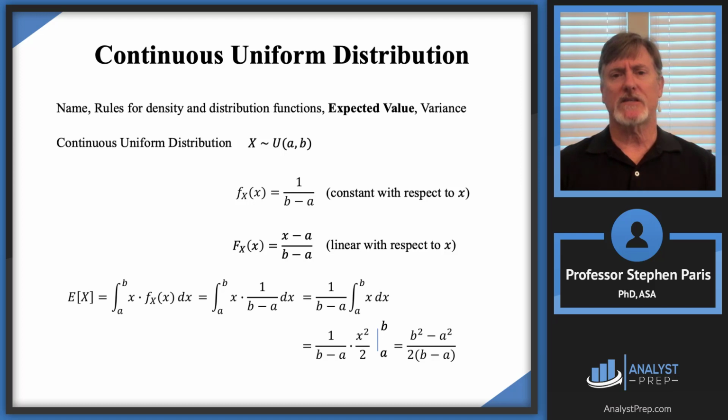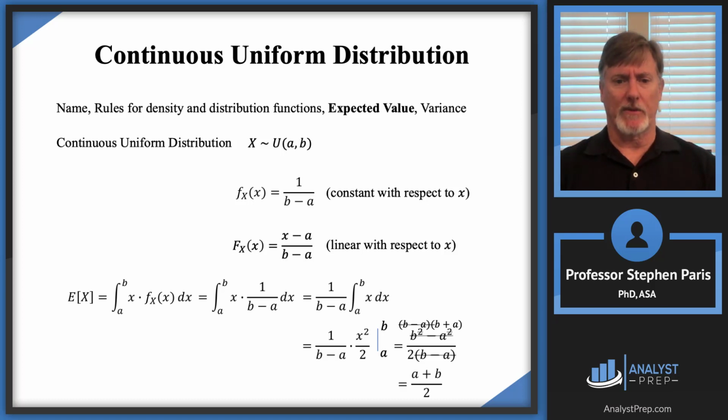And the next thing I'm going to notice here is that the numerator, b squared minus a squared, will factor as b minus a times b plus a, and then I can cancel the b minus a in the numerator with the b minus a in the denominator. I'm going to rewrite what's in the numerator there, the b plus a, as a plus b.